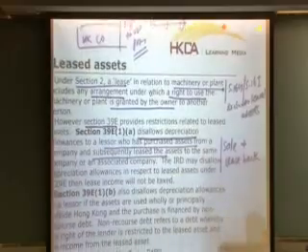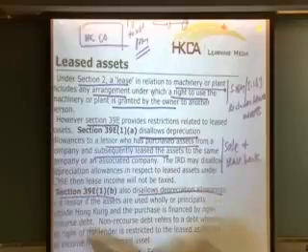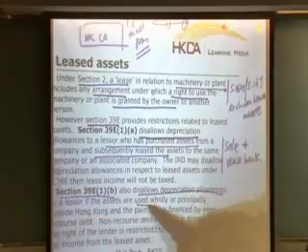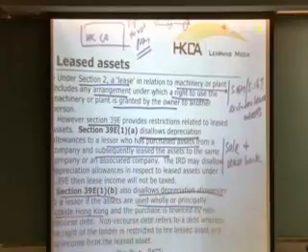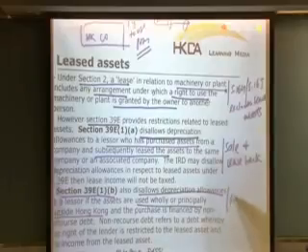However, the other item disallows depreciation allowance for assets used wholly or principally outside Hong Kong. This will be examined quite frequently because this is related to Datatronic.